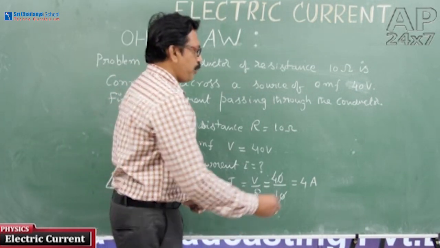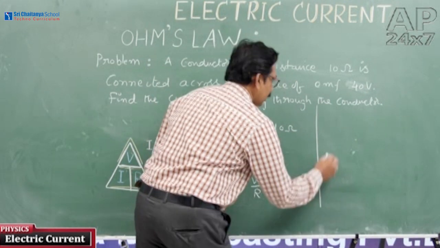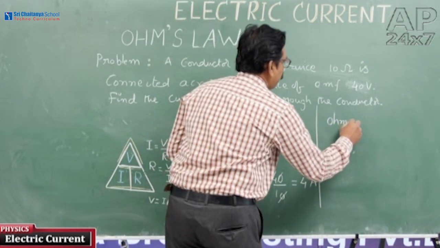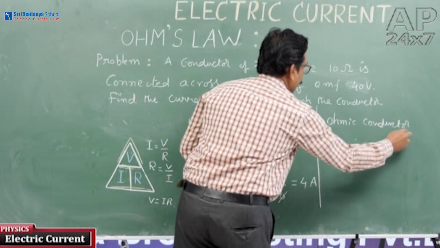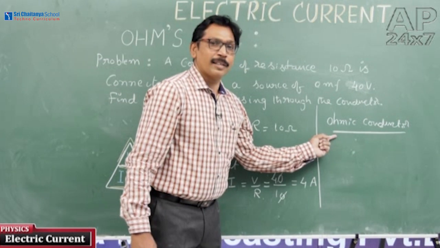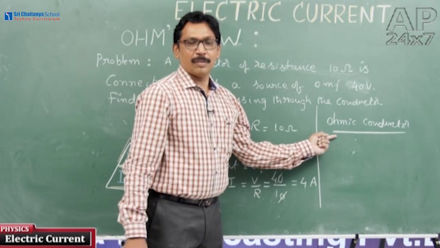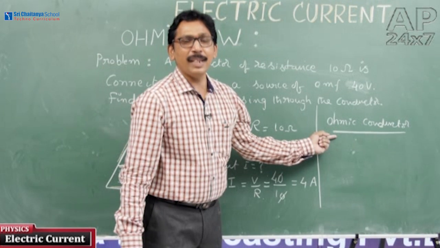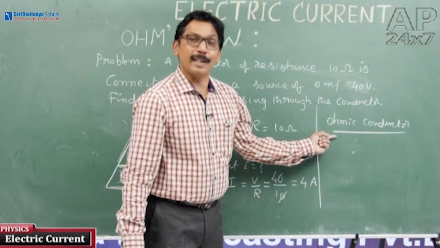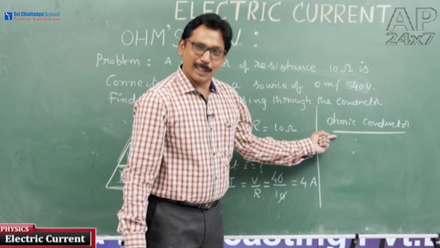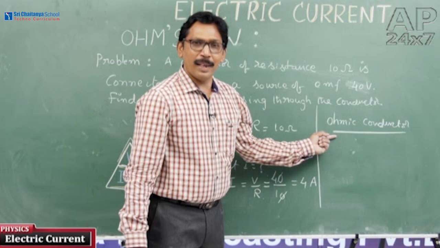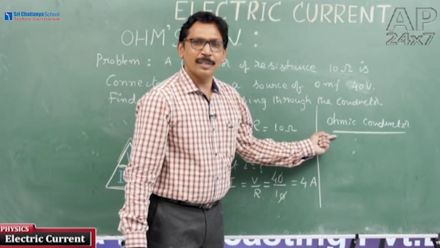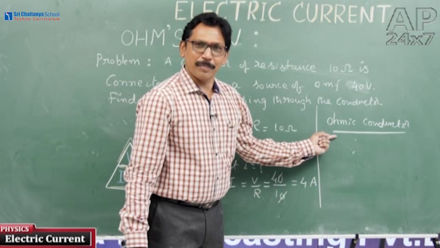I will say here what is an ohmic conductor. The conductor which obeys Ohm's law is called an ohmic conductor. Once again I will say, the conductor which obeys Ohm's law is called an ohmic conductor.